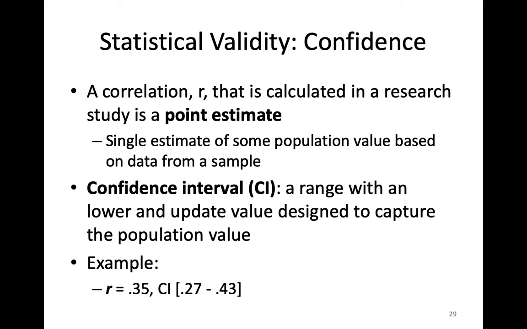So we often come up with a 95% confidence interval, that we can be 95% confident that the true population correlation is between 0.27 and 0.43. And confidence intervals and statistical significance are related because if your confidence interval does not contain zero, you have a statistically significant result.